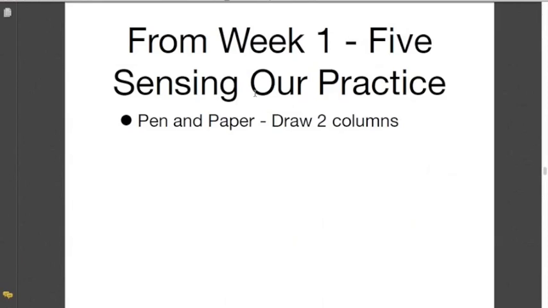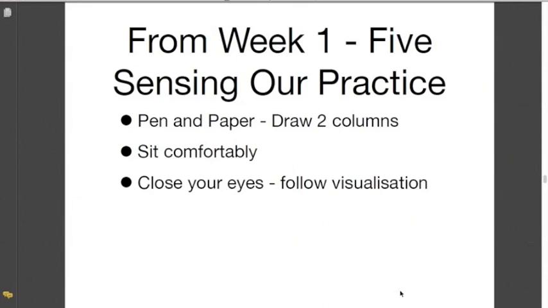Okay, here we go. Right, hopefully you're ready. So you've got your 2 columns, positive and negative, or positive and what you'd like to change. Okay, cool. So now we're just going to get you to sit comfortably because I'm going to take you on a visualization. Right, if you'd like to just close your eyes and we'll do it together.